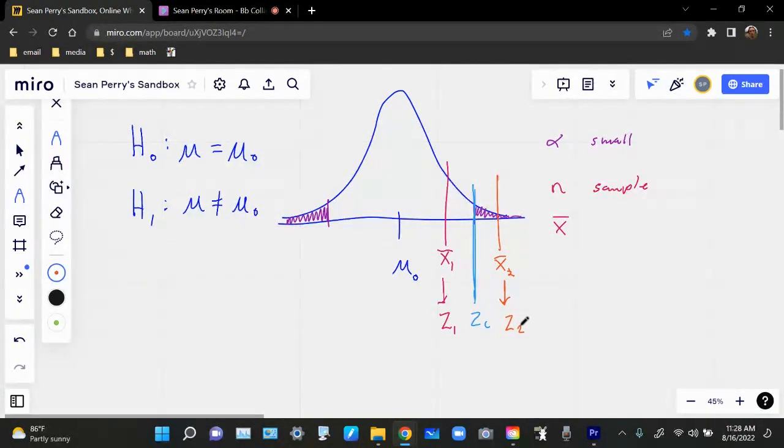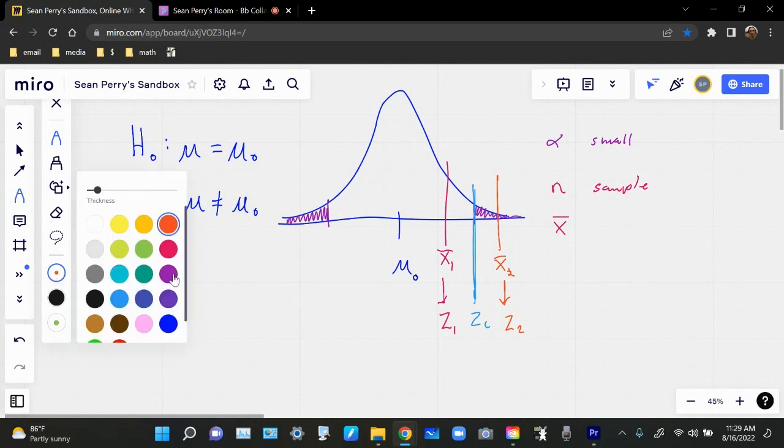In the case of z1, you would fail to reject the null hypothesis. We can't say that it is unlikely to be true that the mean is truly this value mu naught. In the case of z2, we could say it is unlikely for the mean to truly be this value mu naught, because we took a sample and we found something really different than that.